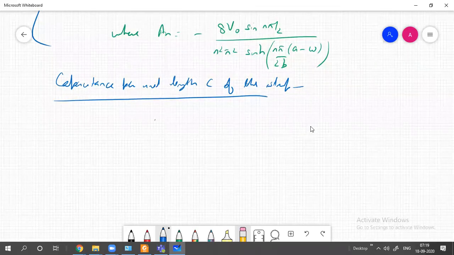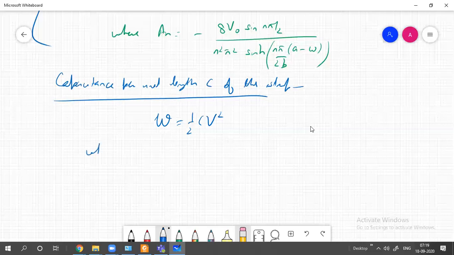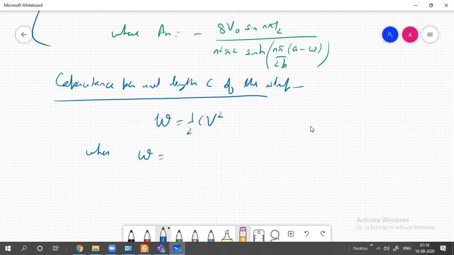As we know, the energy stored will be half C V square, where the energy stored W equals half integral of D dot dS, or half epsilon mod of E square. That is, you integrate mod of E square over the surface dS.